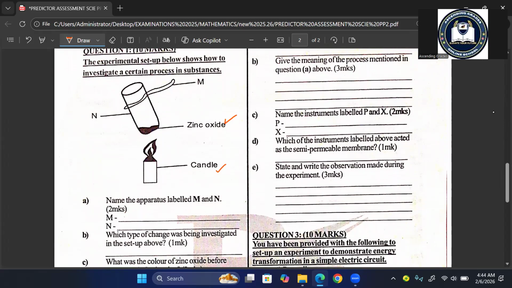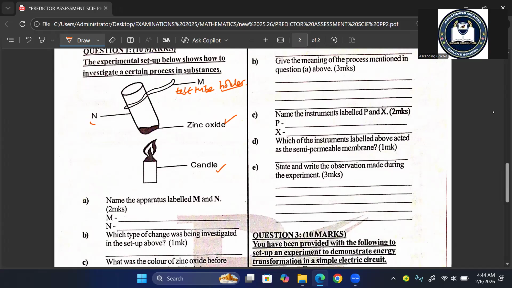We have an apparatus labeled M, another one that is N. So our M is supposed to be a test tube holder, or you can just have a tongue, but test tube holder will be the most suitable answer. Then we have N.